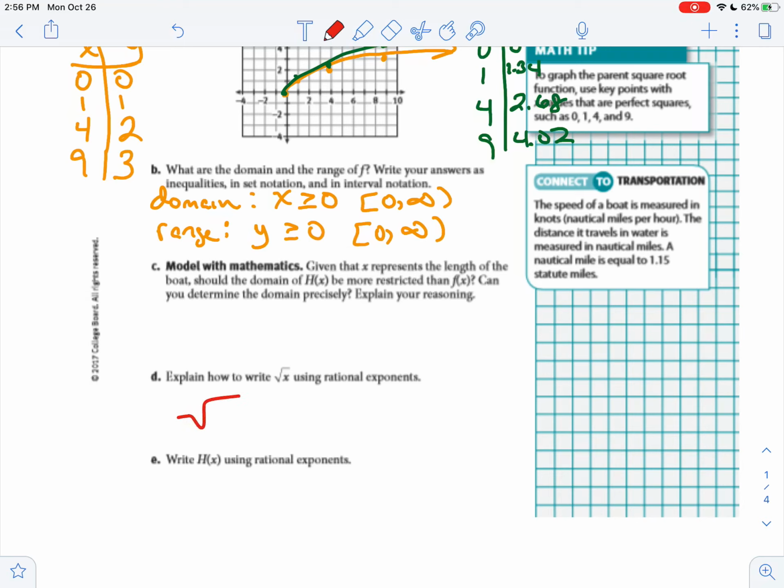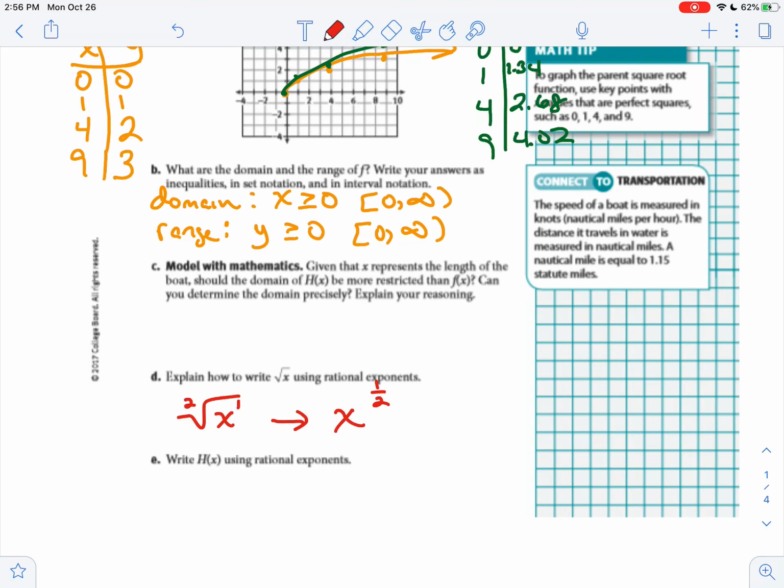Part D says, explain how to write the square root of x using rational exponents. So remember, it's like x to the first, and a square root, you could think of there being a little 2 there. If you remember from last year, we took power over root for our exponent.